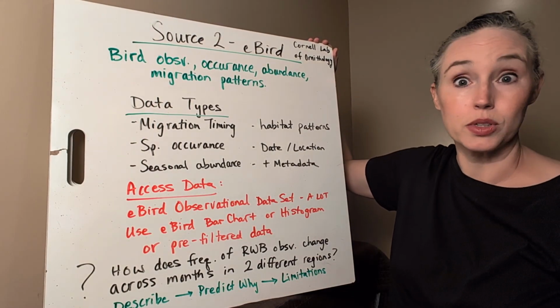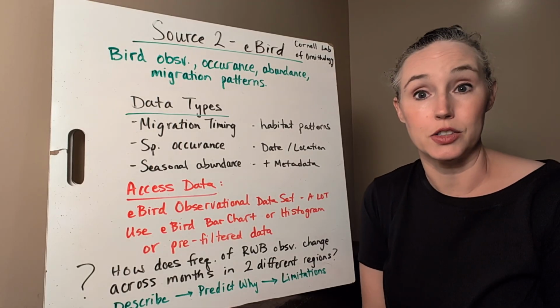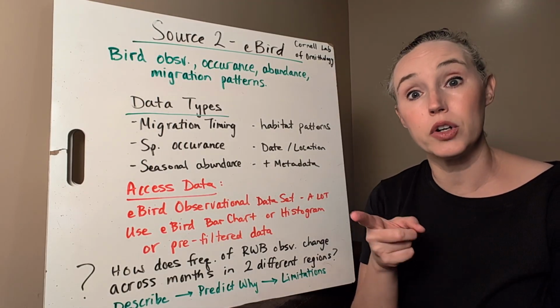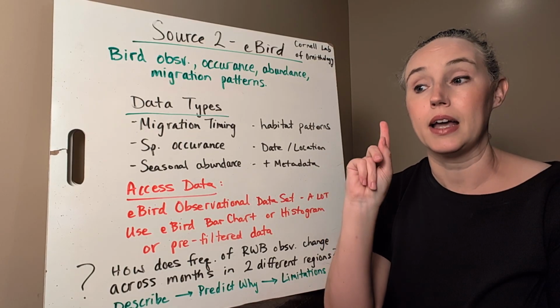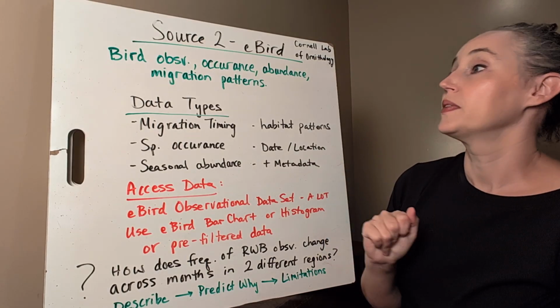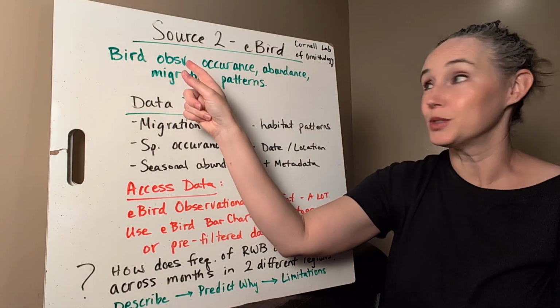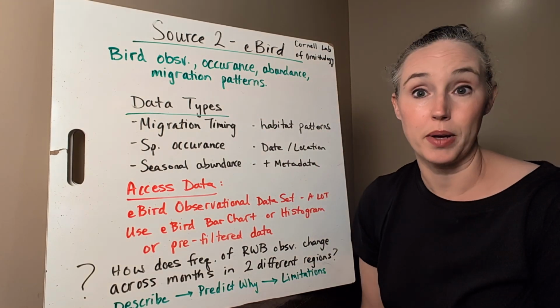Now, the second source is eBird, which is brought to us by the Cornell Lab of Ornithology. So tons and tons of bird data. Another source for bird data would be the Audubon annual Christmas bird count. So here you're going to find tons of bird observations, data about their occurrence, abundance, and migration patterns.